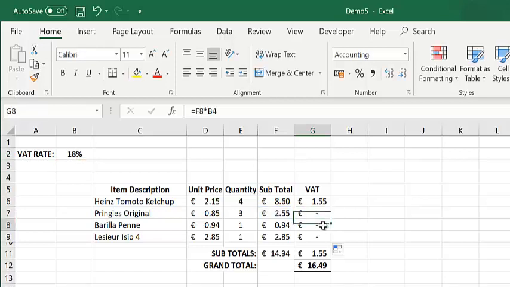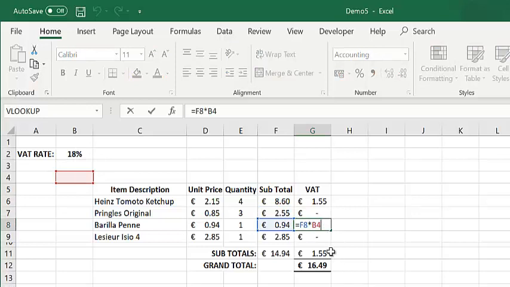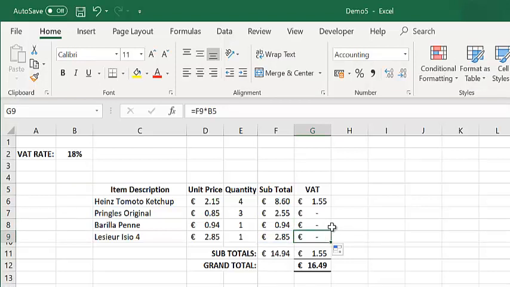The same thing applies for the other VAT calculations. So the problem here is that when we are replicating, all referenced cells are moving one row downwards.